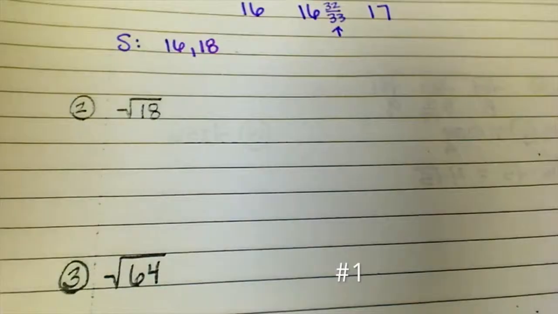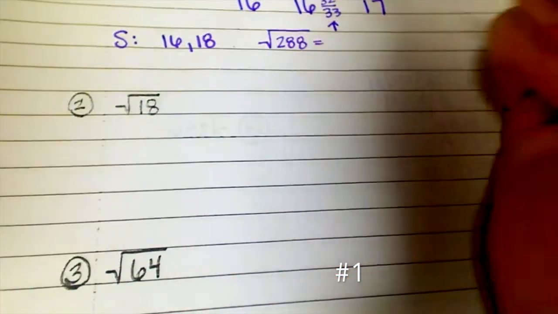So like I would want to try 16 just because they're both even. And 16 times 18 is 288. I'm using my calculator, so that's how I know that, okay? So I know that 16 and 18 are both factors of 288. So let's just start there.